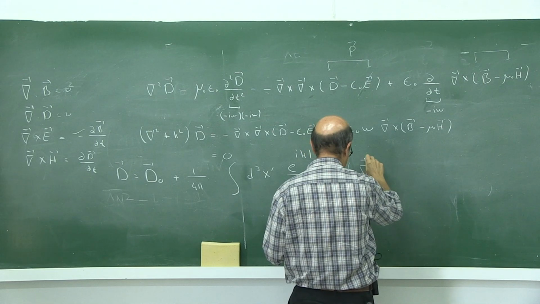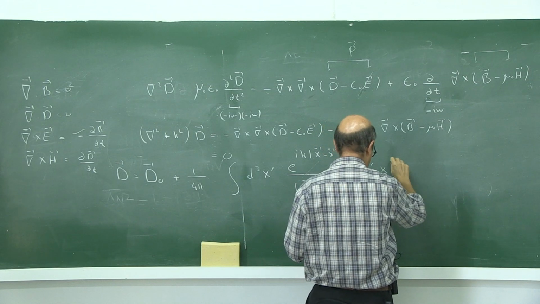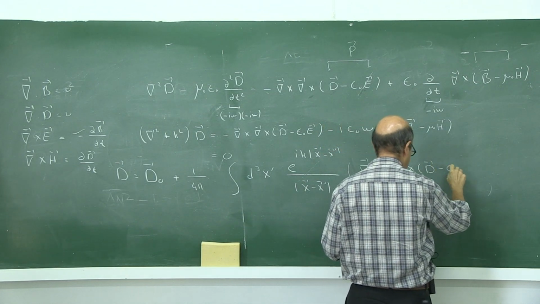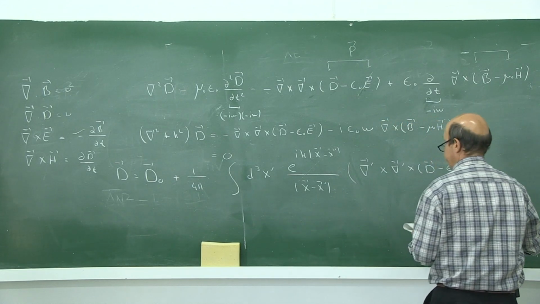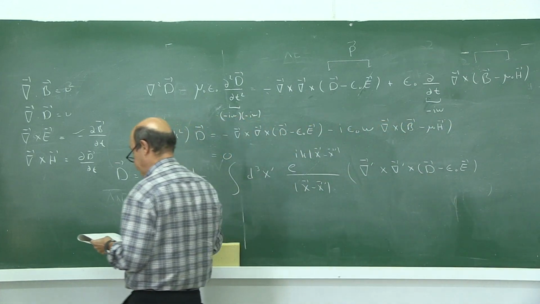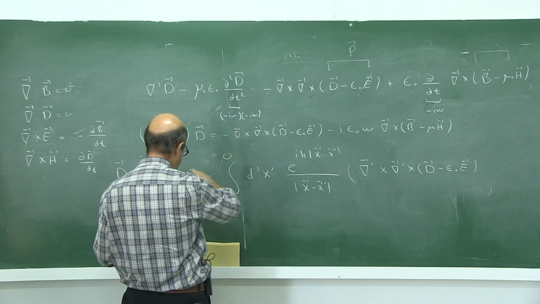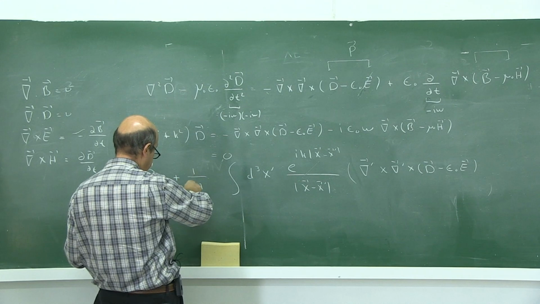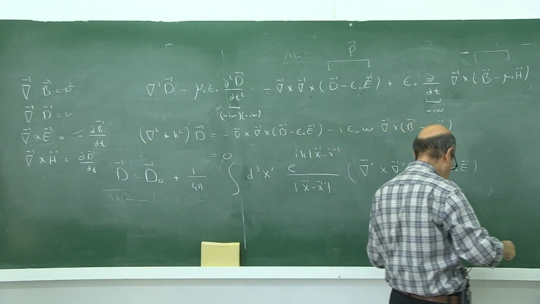So curl prime of curl prime of D minus epsilon 0 E. Actually the solution should have minus 1 over 4 pi times the source.